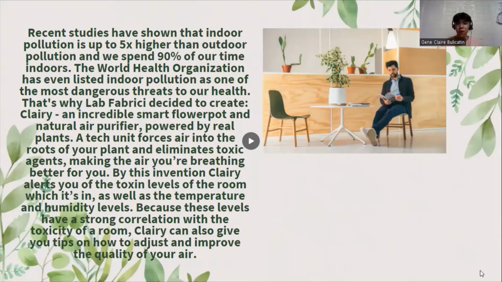With this invention, Clary alerts you to toxin levels of the room you are in, as well as the temperature and humidity levels. Because these levels have a strong correlation with the toxicity of the room, Clary can also give you tips on how to adjust and improve the quality of your air.